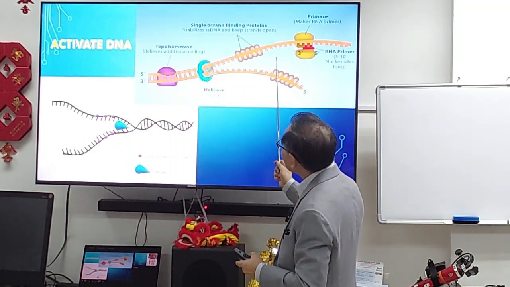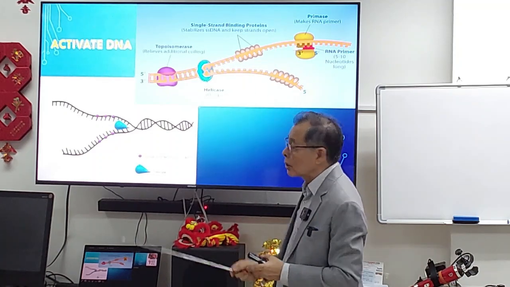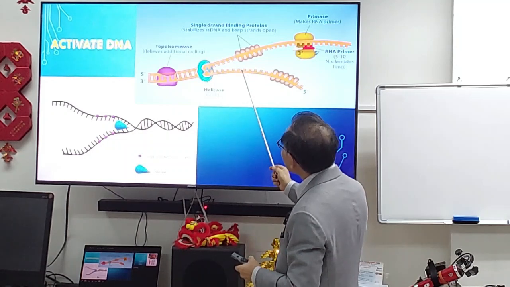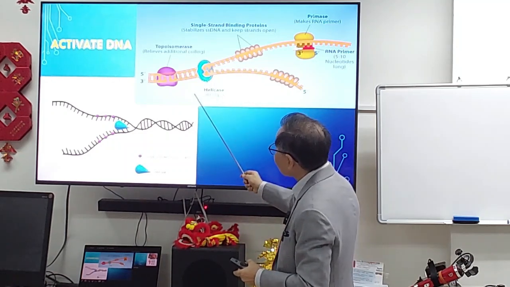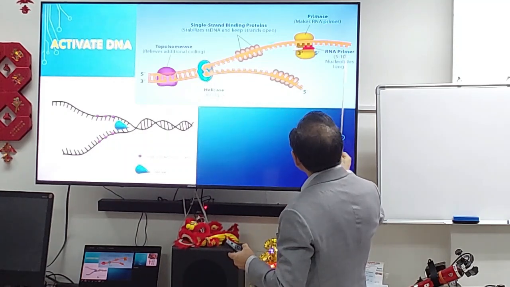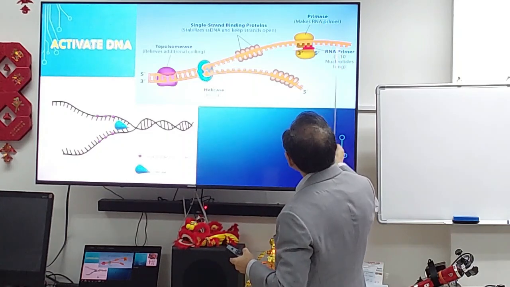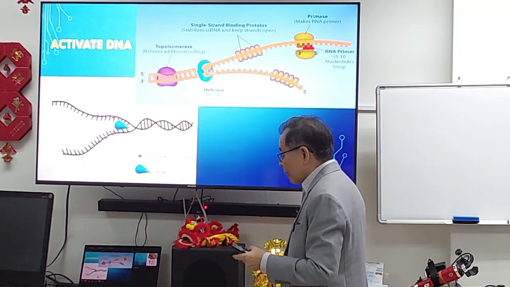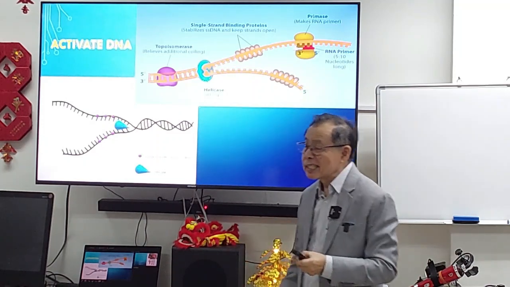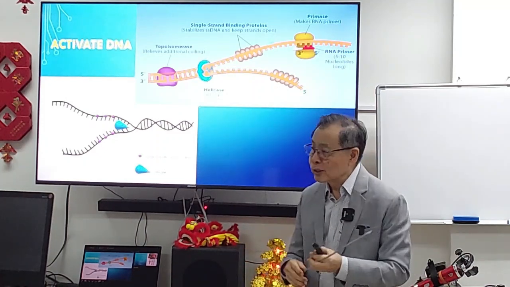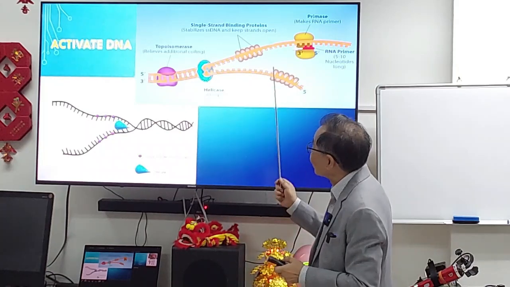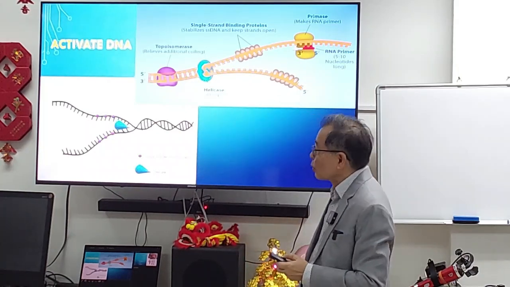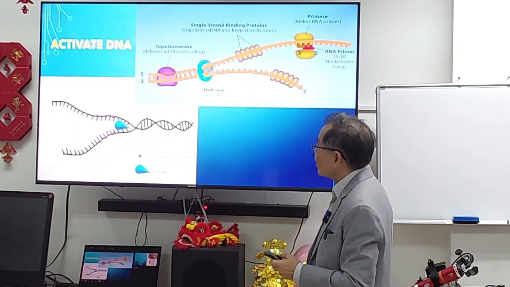Another reason you need to open it up is you want to read the instructions so that you can create new molecules. Okay? So you need enzymes like helicase to unzip it. You need primase, which is to read it and, very much like 3D printing, to put together the molecules so that you get a molecule that the DNA tells you to make. So that's what TeraHertz is able to do.